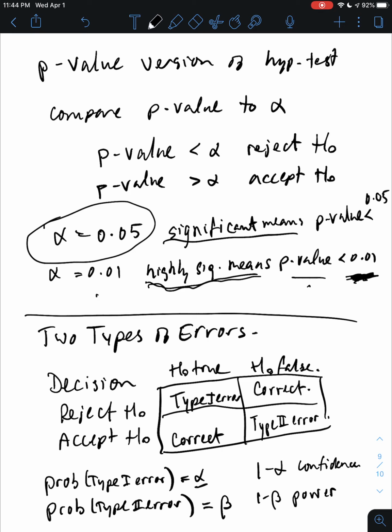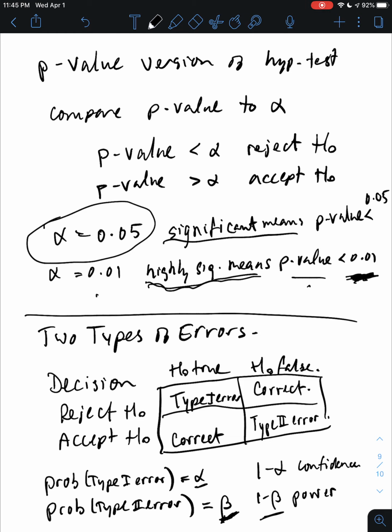So we know how to control alpha. We just decide at the beginning what we want alpha to be. We can't make it 0, but we can make it 5%, 1%, whatever. Controlling beta is a much harder thing to do. But it is very important, and this is where a lot of research on statistics is, and a lot of more advanced statistics is to control beta and try to increase the power of our statistical tests.